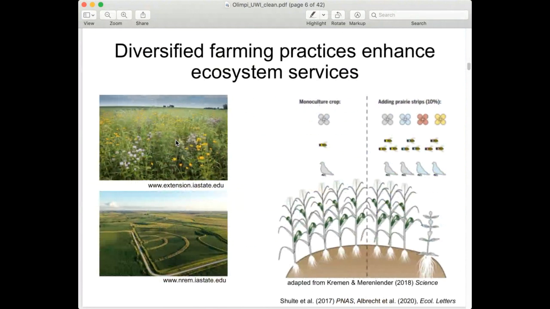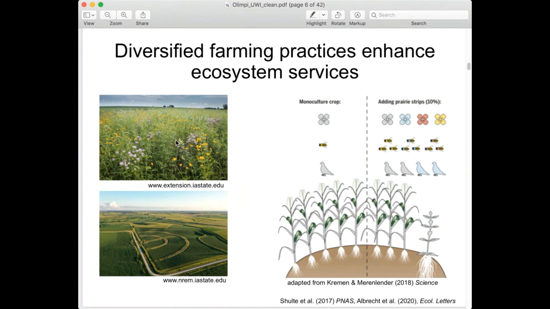Diversified farming practices also enhance ecosystem services. So one diversification practice that's gaining traction is the use of flower strips, or planted flowers within fields or at field edges. A recent meta-analysis found that flower strips enhanced pest control by 16%.